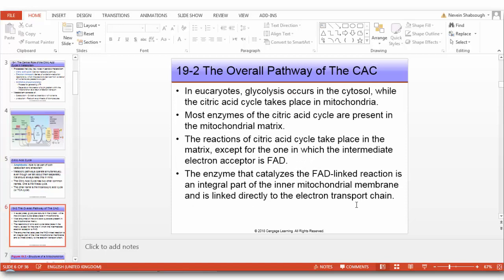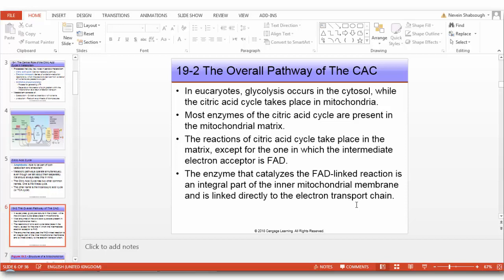Let's begin with the overall pathway of the citric acid cycle. In eukaryotes, glycolysis occurs in the cytosol, whereas the citric acid cycle takes place in the mitochondria. Now, most of the enzymes of the citric acid cycle are present in the mitochondrial matrix.